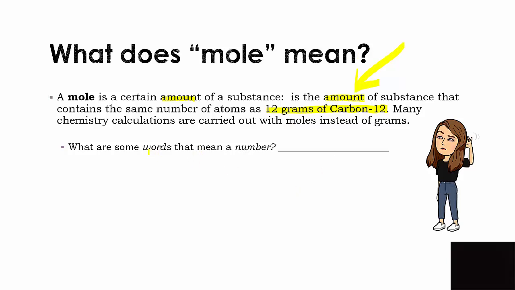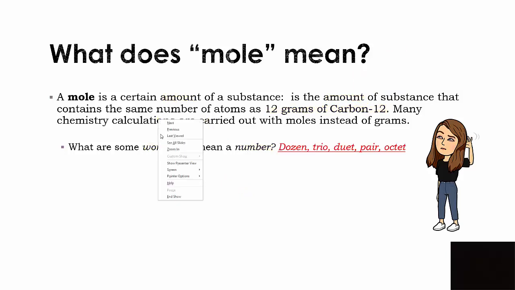So I'd like us to first think, what are some other words that mean an amount, that mean a number? Think through that for a second. Here are a few possibilities. We've got a dozen, and we all know that a dozen specifically means 12.